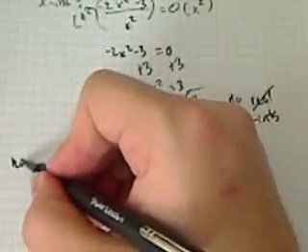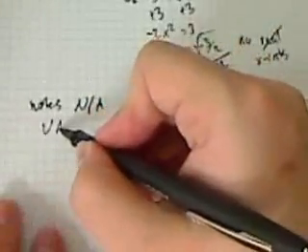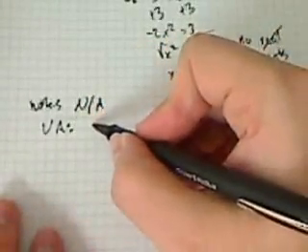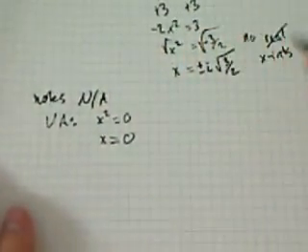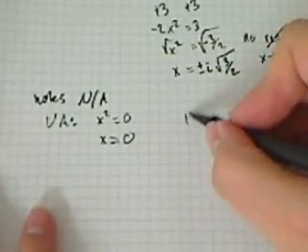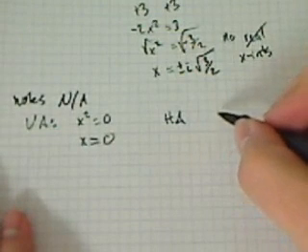Poles are going to be not applicable because we couldn't factor this. Vertical asymptote: this is where we set our denominator, x squared, equal to 0, or x is equal to 0. And the final item is our horizontal asymptote, where we look at our leading terms.